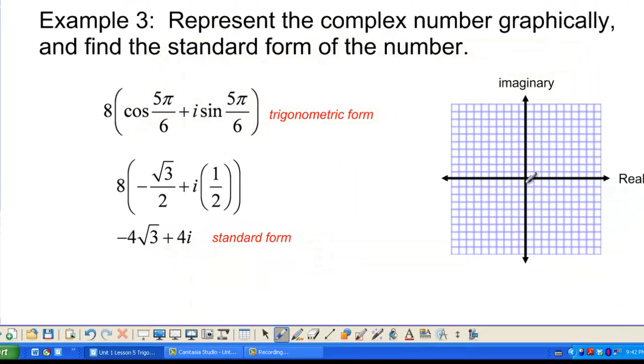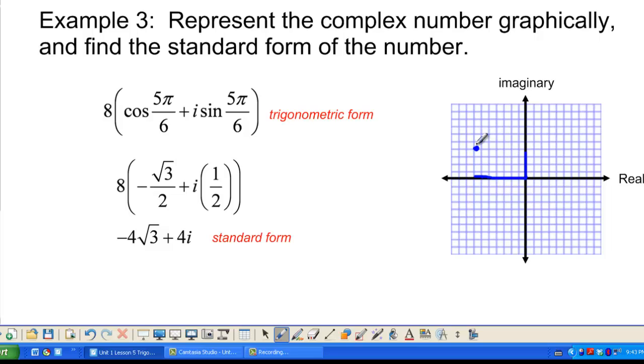Graphically, -4√3 is not quite -7. So -1, 2, 3, 4, 5, 6, not quite 7 on the real number axis. And then I would go to 4 on the imaginary, and where they meet, approximately right there, is graphically the standard form complex number -4√3 plus 4i, or that is the complex number in trigonometric form, 8 times the cosine of 5 pi over 6 plus i sine 5 pi over 6.